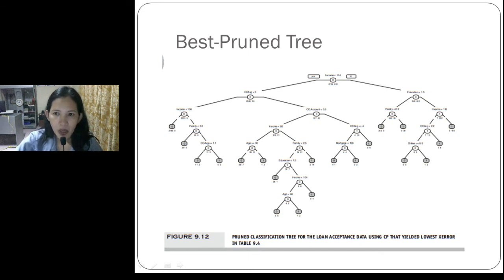We can add one standard error to the minimum xerror. This is sometimes called the best pruned tree. For example, xstd for the tree in row 6 is 0.023858.